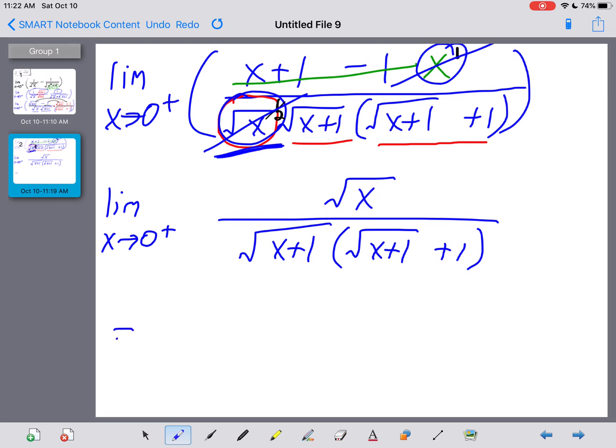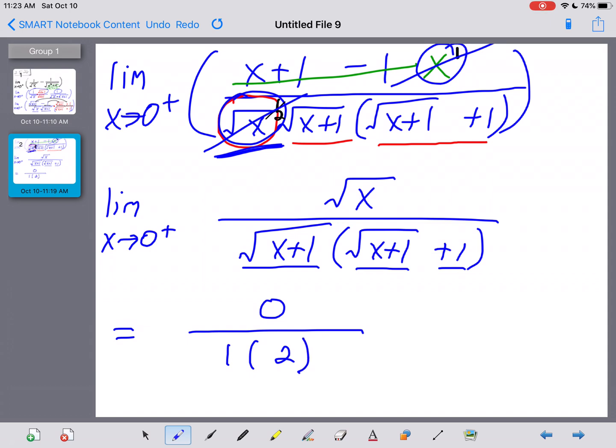So now I think it's time to actually evaluate this limit by putting a 0 in there. The numerator, quite obviously, is going to be the square root of 0, which is 0. But most importantly, down on the bottom, the square root of x plus 1 becomes the square root of 1, which is 1. And then in parentheses, we're going to multiply that by the square root of 1, which is 1, plus 1, which is going to get us a 2 down on the bottom.